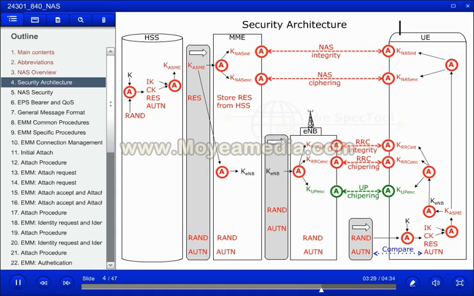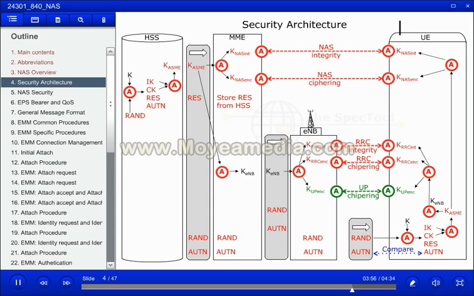K-NAS for encryption, K-RRC for encryption, and K-user plane for encryption will be put into ciphering algorithms. Please note that none of these keys have been transmitted over the air interface. The UE has calculated them by itself, thus providing a high security level.